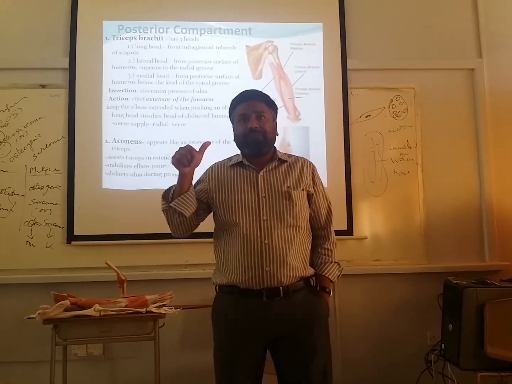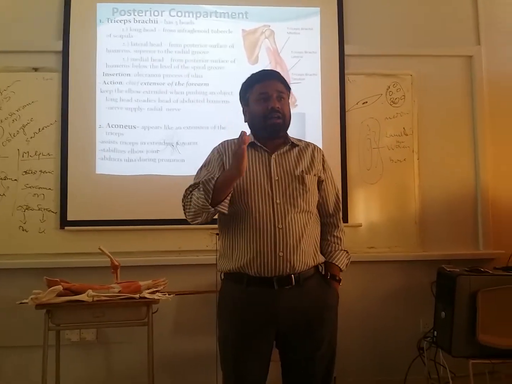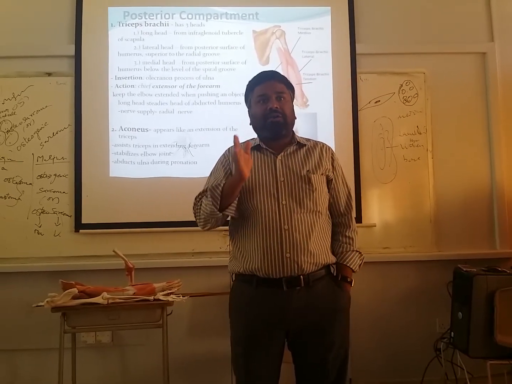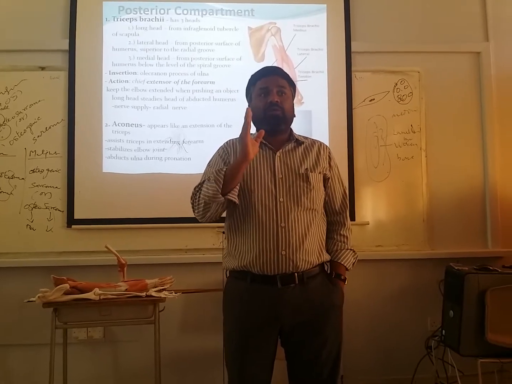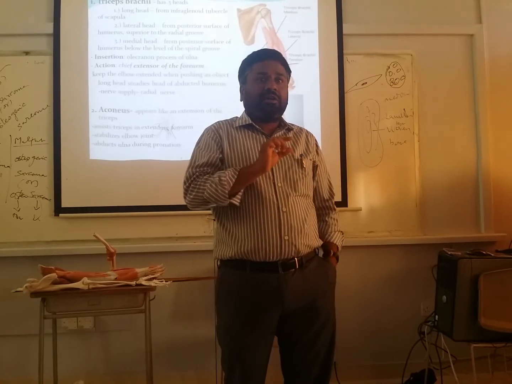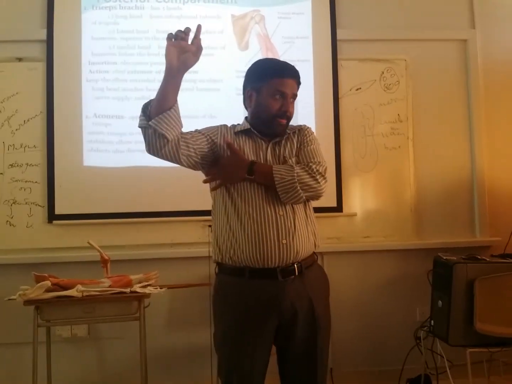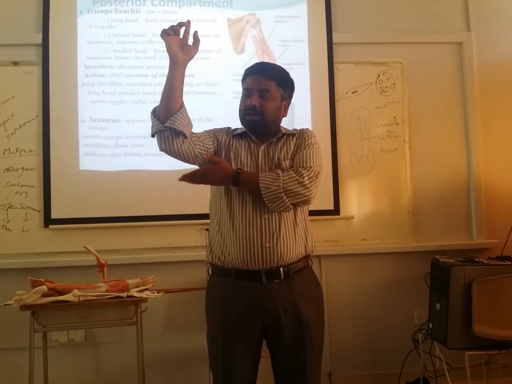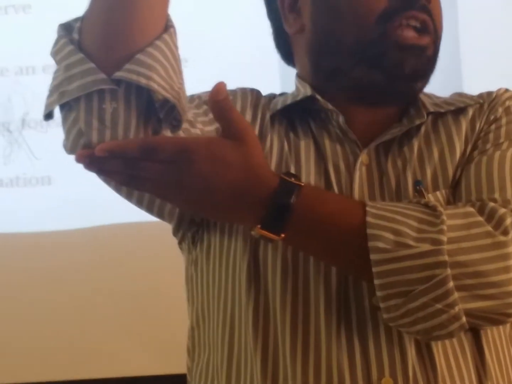The long head and part of the medial head receive innervation from the radial nerve when it is in the axilla. Did you understand this point? The long head and the medial head are supplied by radial nerve, but the radial nerve gives branches to these heads when the radial nerve is in the axilla.